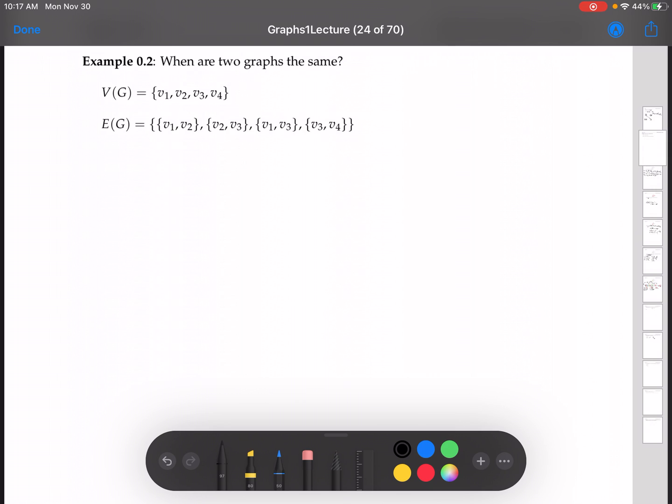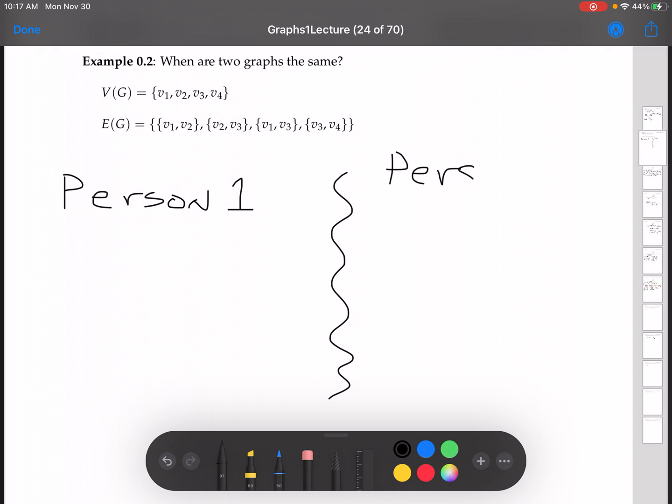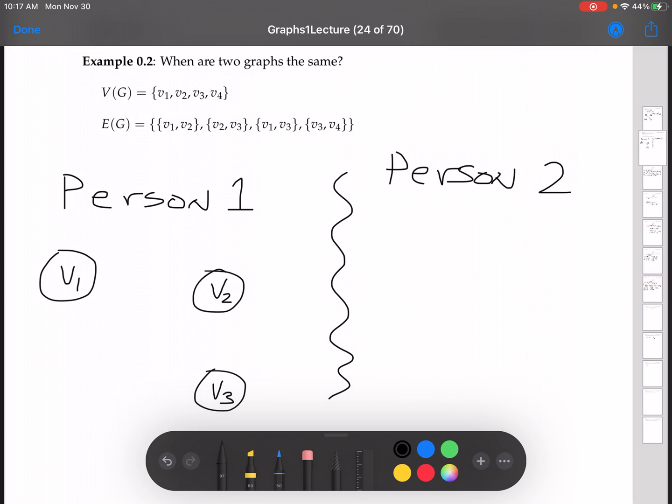Let's say person one draws the graph over here and person two draws the graph over here. Now person one might draw the graph in exactly the same way that I drew it. They might say, okay, V1, V2, V3, V4.